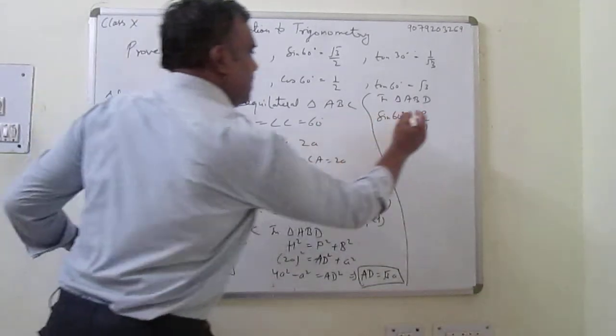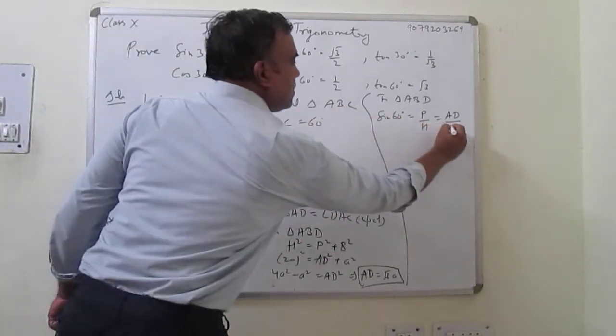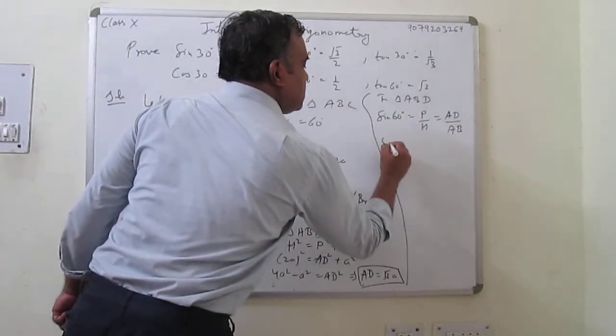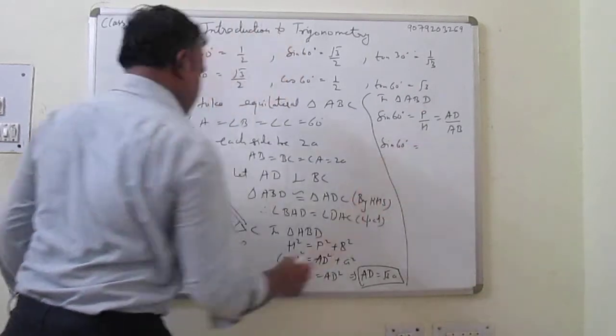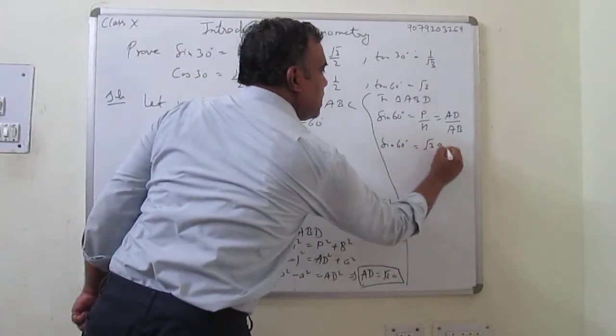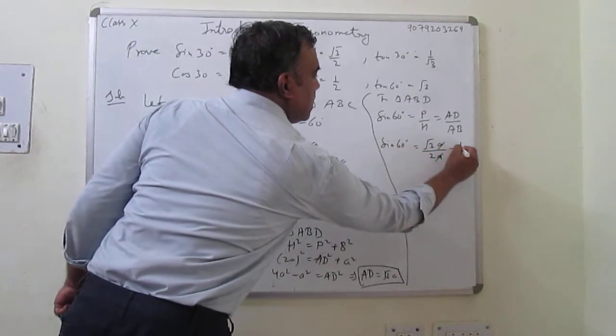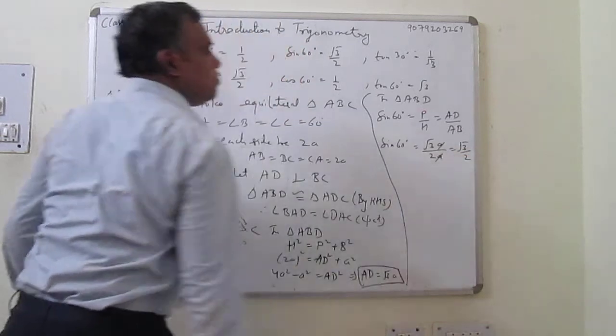It is AD. And the hypotenuse is AB. So sin 60 is equal to AD, which we just calculated is root 3 A, upon AB, which is 2A. So A is cancelled out, and this is root 3 upon 2.